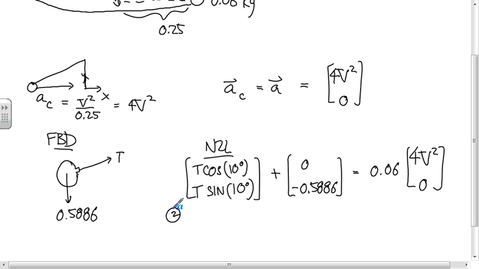What's the sine of 10 degrees? Okay, so 0.174 T is equal to 0.5886. So what do you get for T?